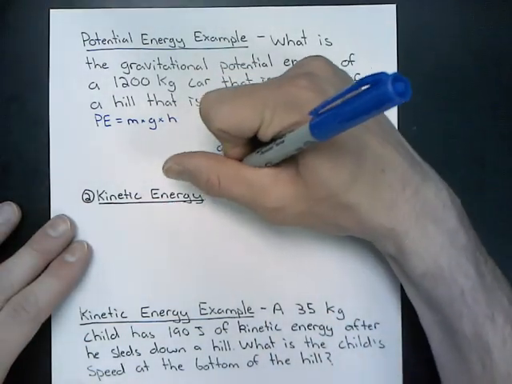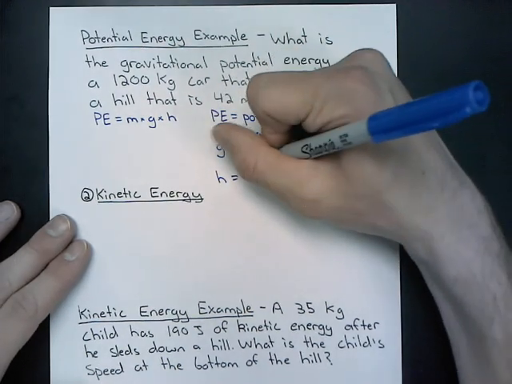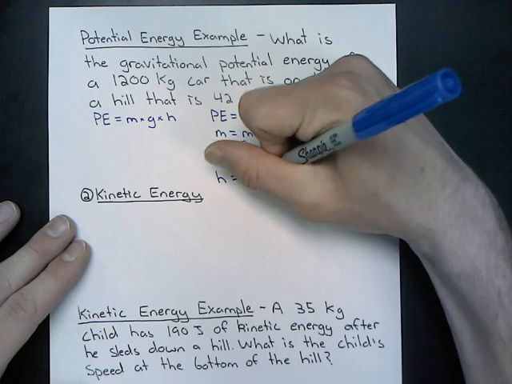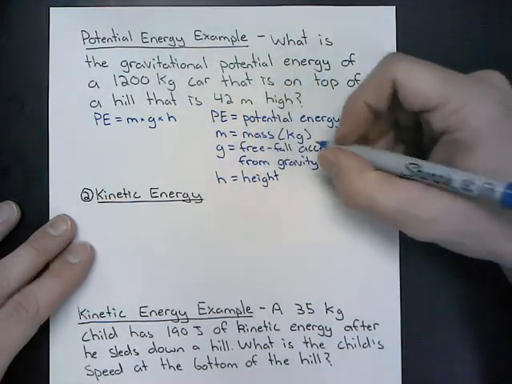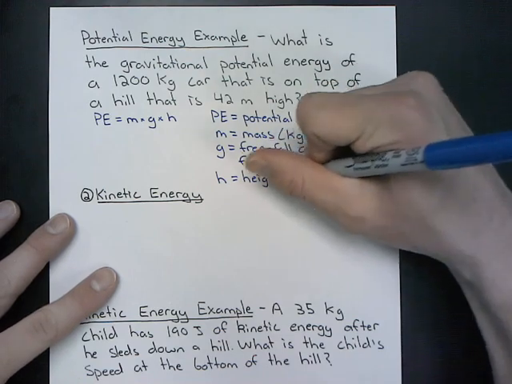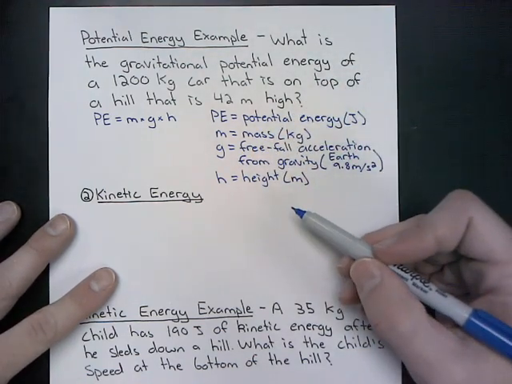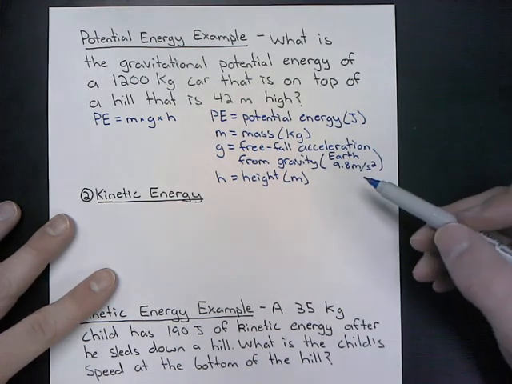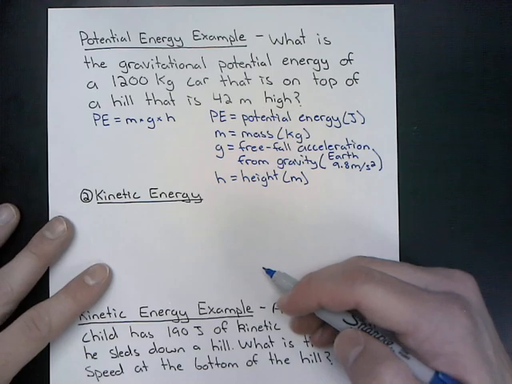Now our h is just going to stand for height, and that height has to be in units of meters. So the higher a roller coaster is, the more potential energy it has because we increase that particular height.